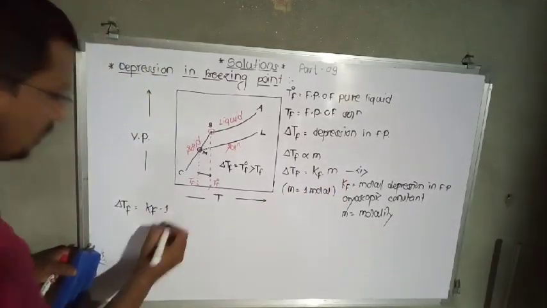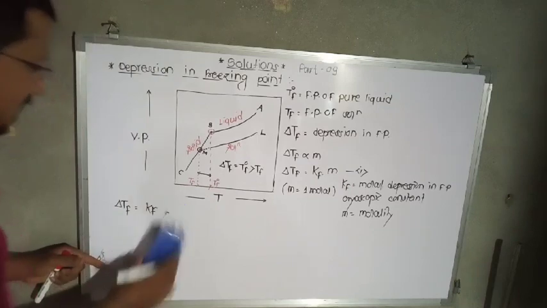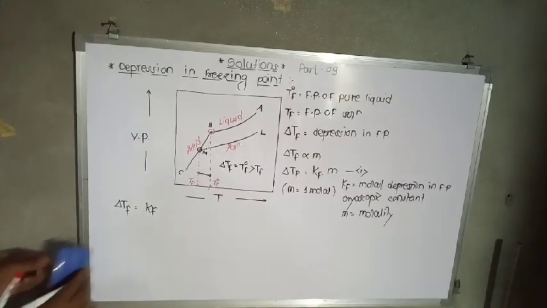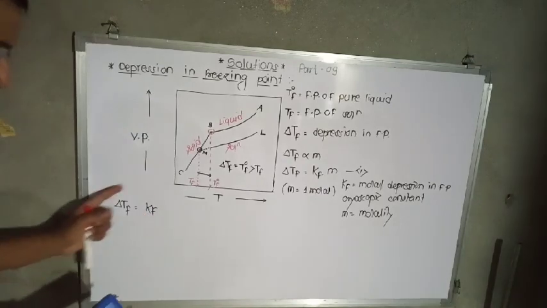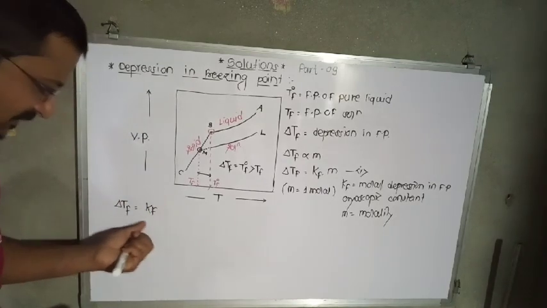That is, I will write directly delta TF is equal to KF. So from this equation, one can define KF.